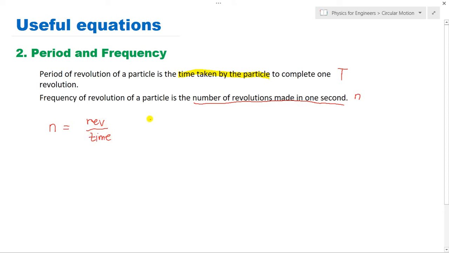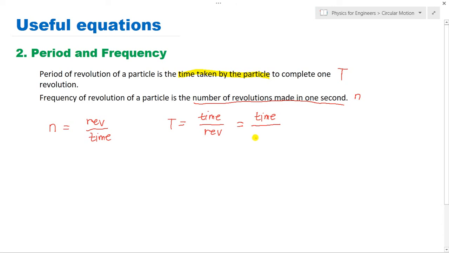And then how about our period? Period defines the time taken by the particle to complete one revolution. Therefore, this is time per revolution. And note, if it is in radians, this is equal to time per how many radians in one full circle.